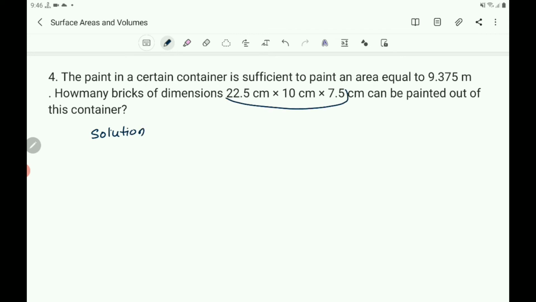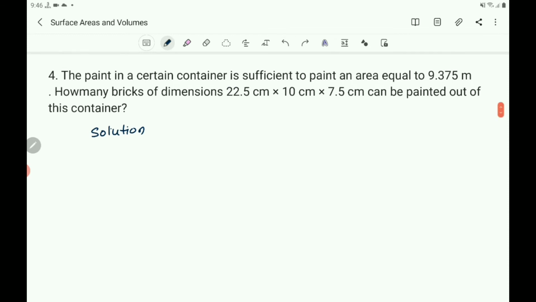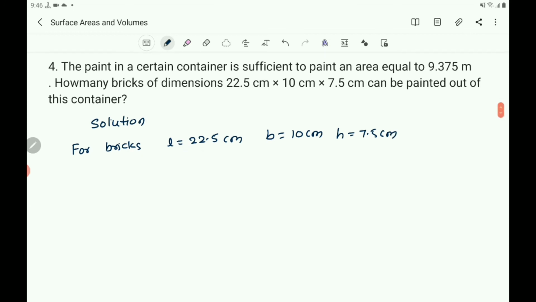First you find the total surface area of the bricks. For the brick, L equals 22.5 cm, B equals 10 cm and H equals 7.5 cm.